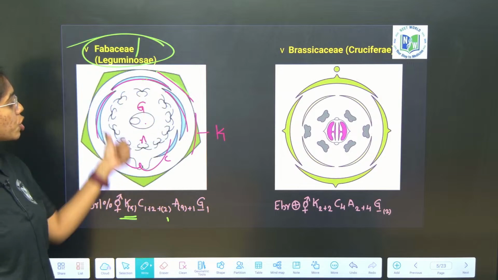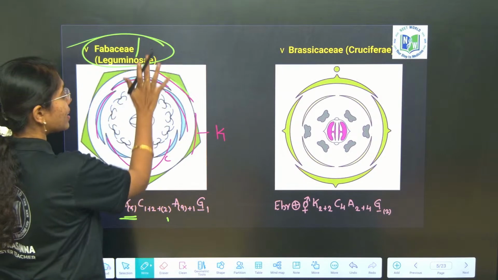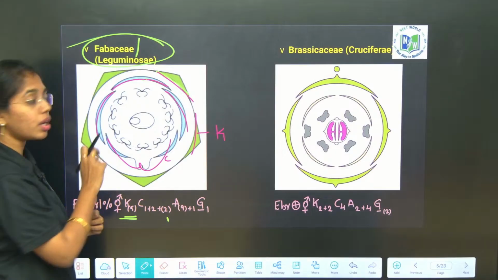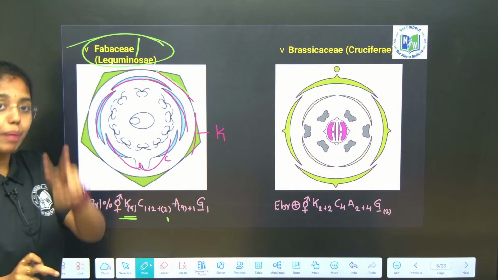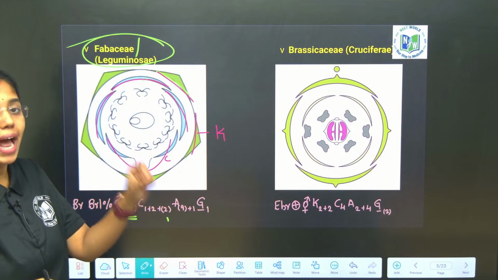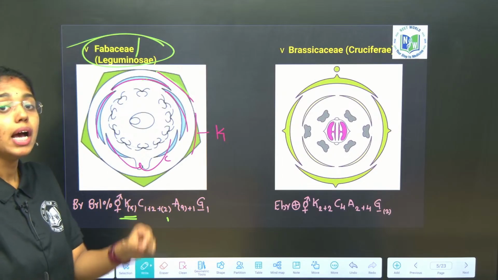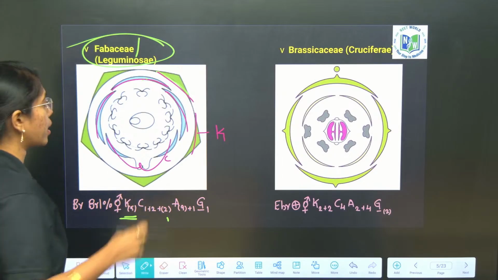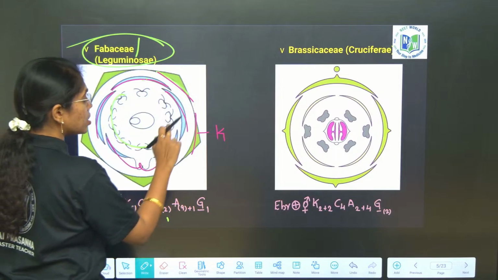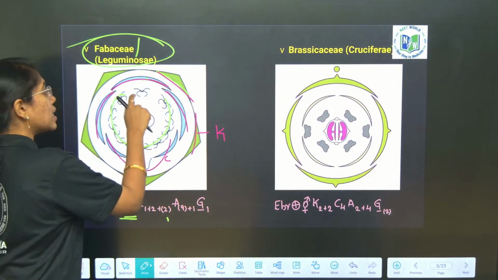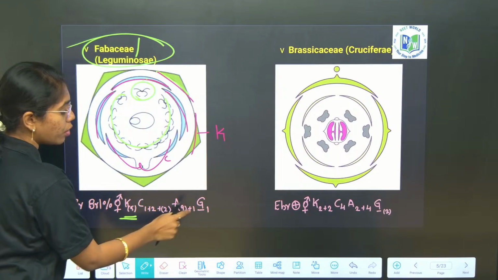Okay, and androecium, if you see, a total of 10 stamens are present, you can count them, arranged in two bundles which are showing cohesion. Stamens are showing cohesion here, wherein 9 stamens are fused into a bundle and a single stamen is apart, which is 9 fused plus 1.